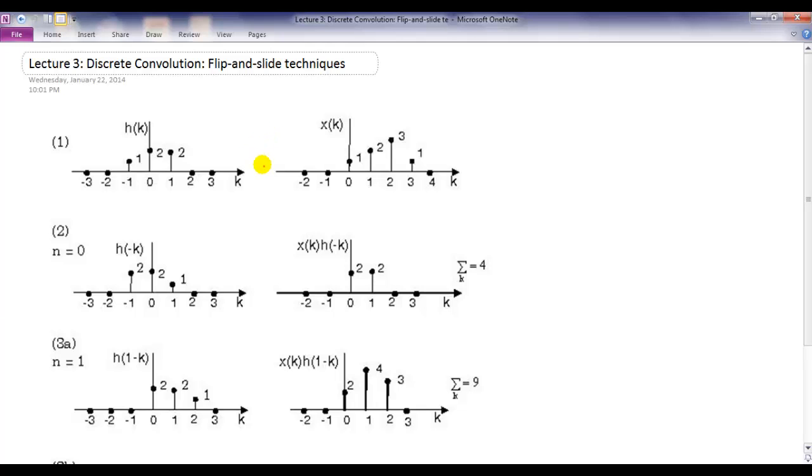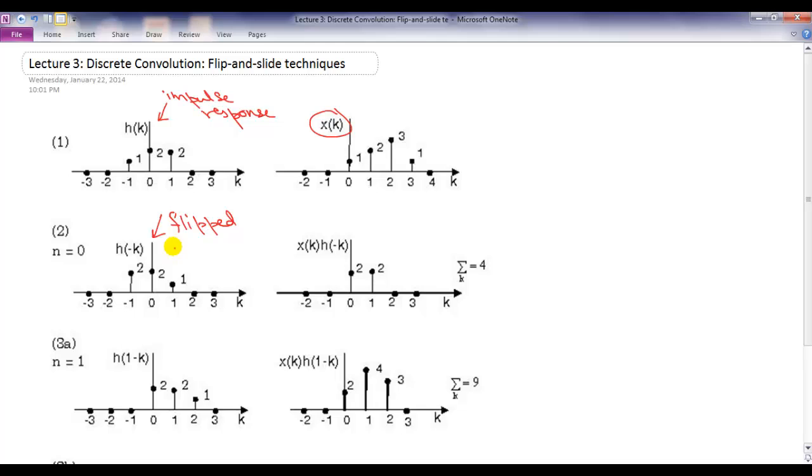So here is a pictorial representation of the convolution, where this is h, the impulse response, and x is the input. We are going to fix the input, so x of k is fixed. We first flip the impulse response, so this is the flipped version.